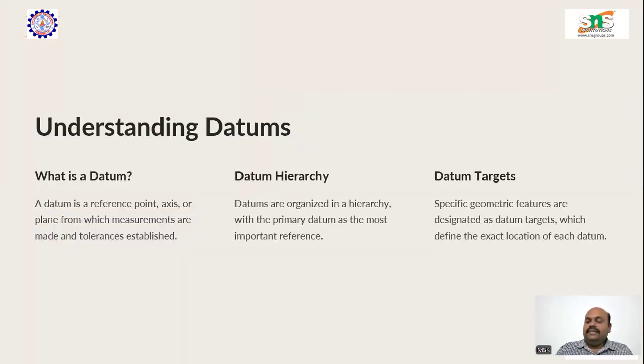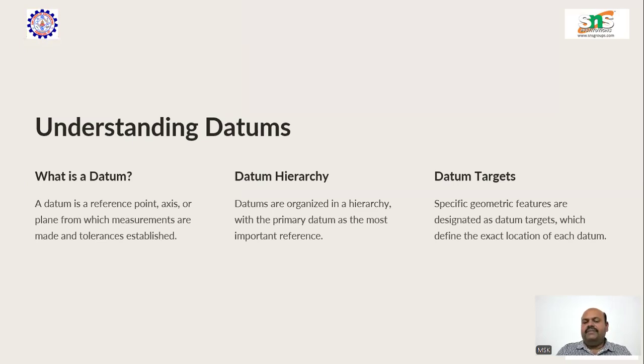So let us understand certain basic things. Anything we draw, we need a reference. We all know what a graph is, and in that graph, we have an x-axis and y-axis, a zero reference axis for drawing any kind of dimensions. The same is applied in engineering drawing to take reference from a certain point.